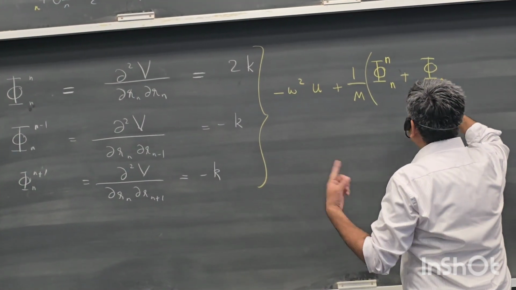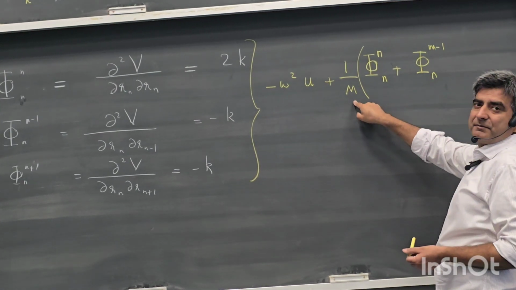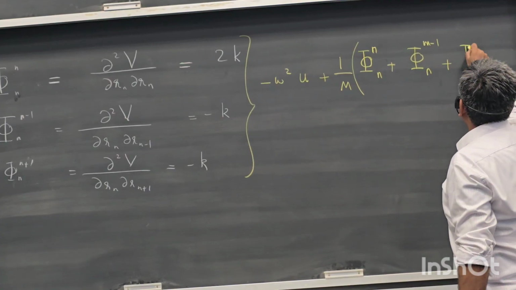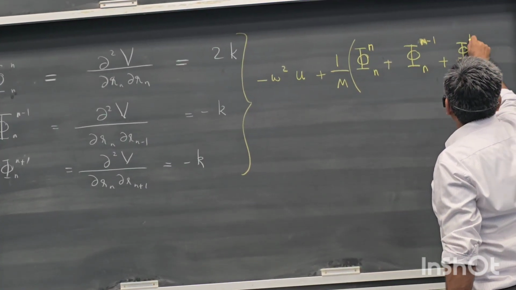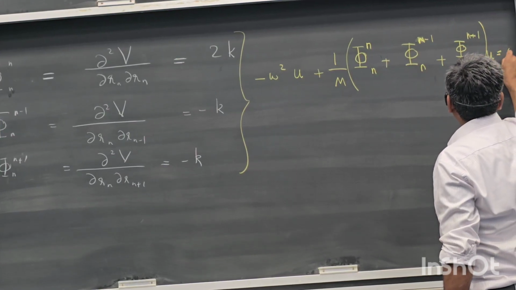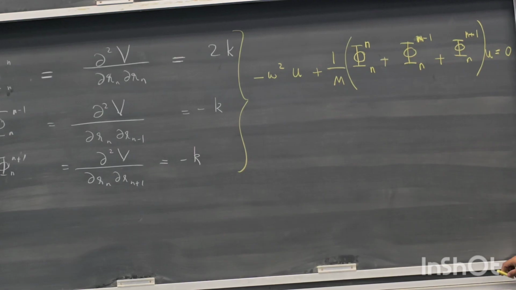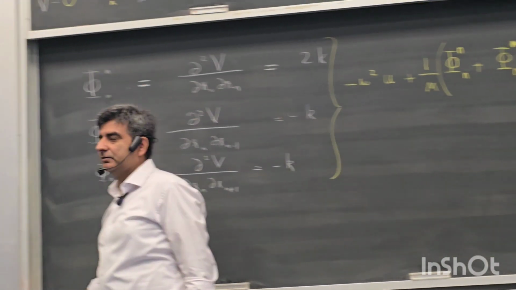The next value of m is m minus 1, still the same m over here, plus phi n plus 1 u equals 0. Okay, so this is my equation of motion, and I already know the relative strengths of these interactions.